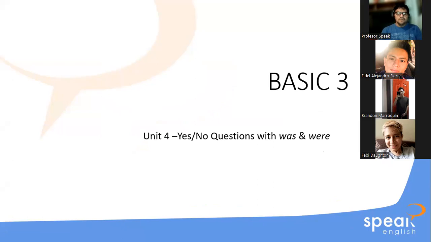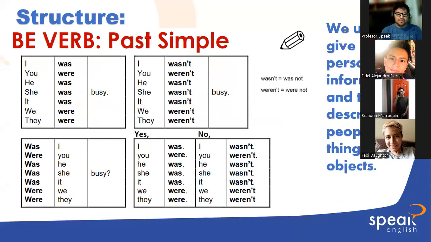As a reminder of what we discussed yesterday, we talked about using the verb be in statements, which are the two charts on top, and then the bottom chart, which is using it in question form. You also have the answers to say either yes or no, depending on the question and the subject. Remember that we use this to give personal information and to describe people, things, or objects.